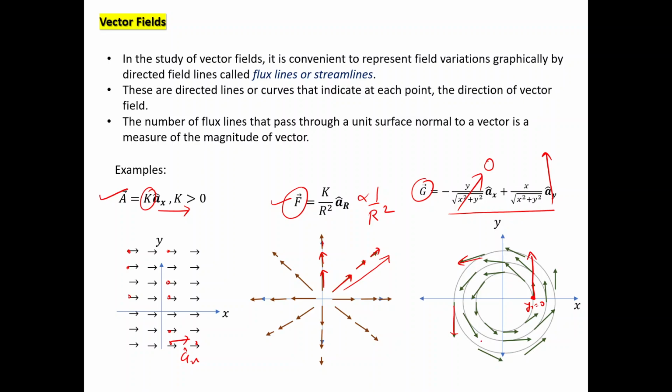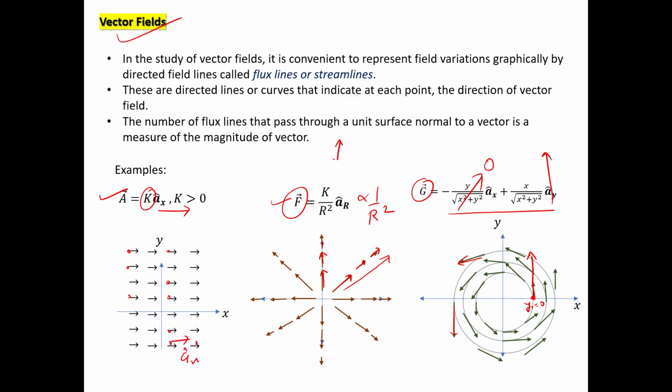So we can say that a vector field is a function of space coordinates in which at each point a vector is assigned.